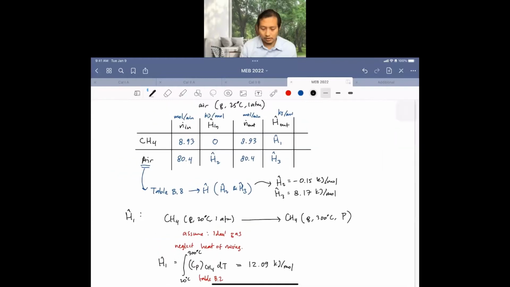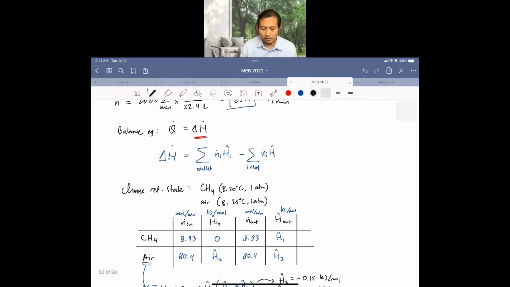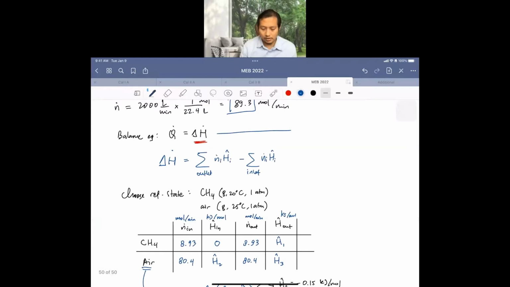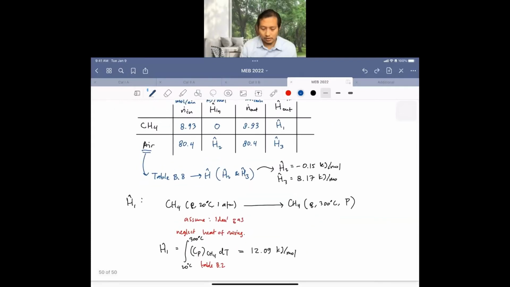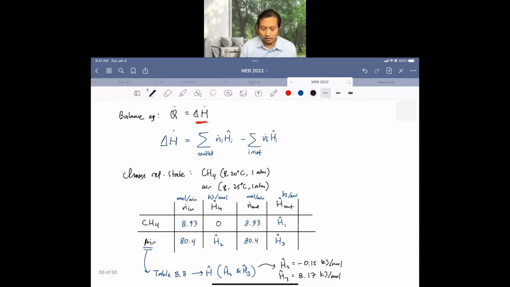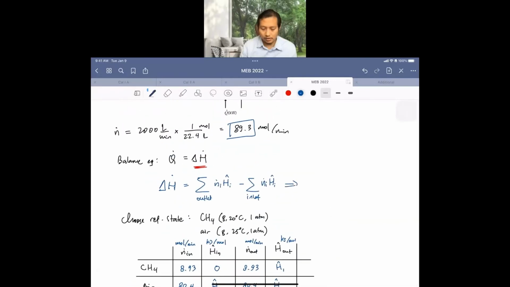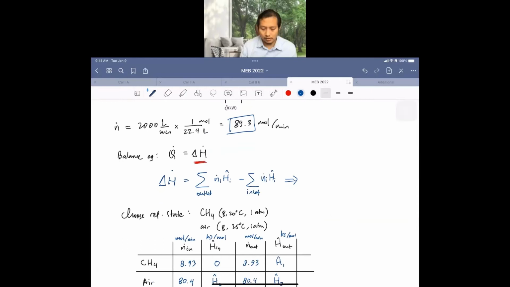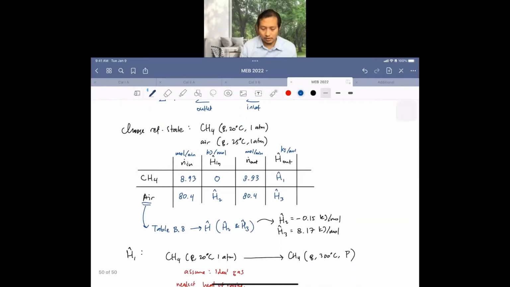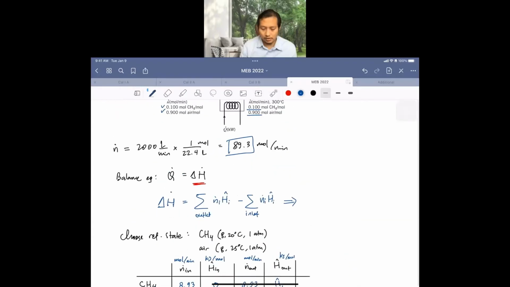Now from here we could write down the delta. Because we already did these calculations, we could just plug all the specific enthalpies into these equations.